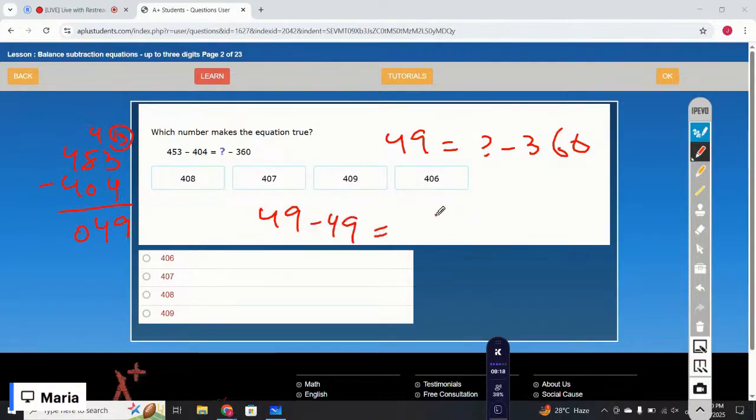So 360 minus 49: 10 minus 9 is 1, 5 minus 4 is 1, and 3. That is 0 equals the missing number minus 311.